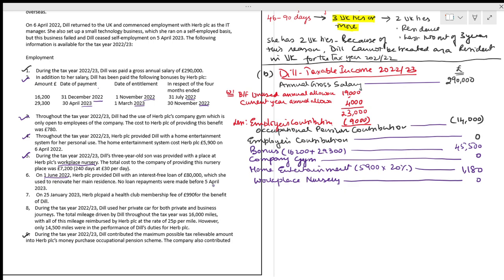Now from 1st June till April: June, July, August, September, October, November, December, January, February, March, April. We have to take how many? 10 months, is it right? 10 months. Beneficial loan.